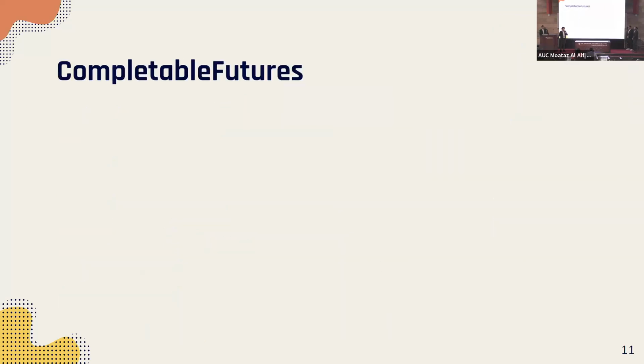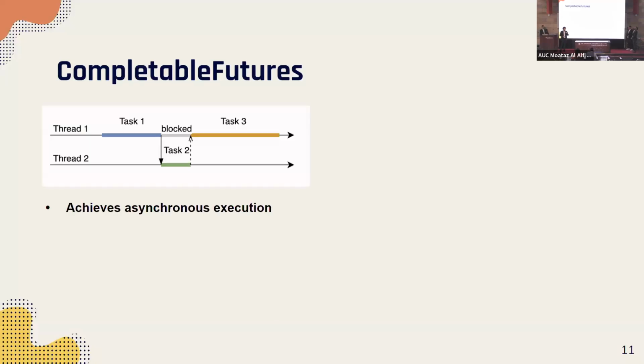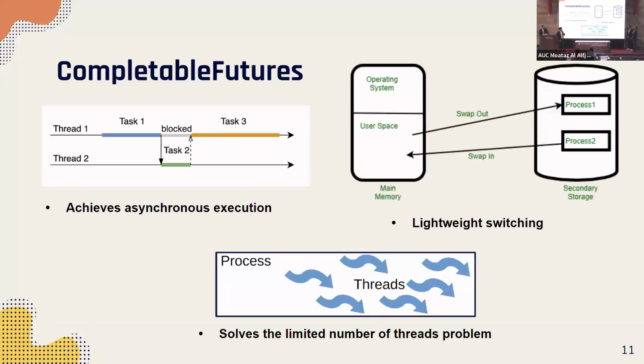Another feature introduced in Java to do concurrent execution is CompletableFuture, and it has three main features: it achieves asynchronous execution, it has lightweight switching compared to the old Java threading libraries, and it solves the limited number of threads per process problem. Why are we introducing this feature? Because it has been seen to be widely used across code bases, so it's worth understanding how it works because we're going to migrate it to use Loom.